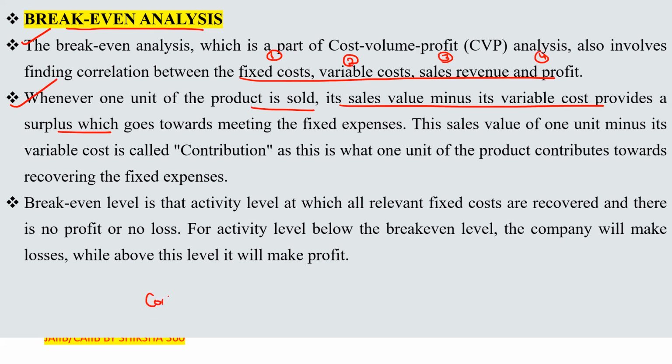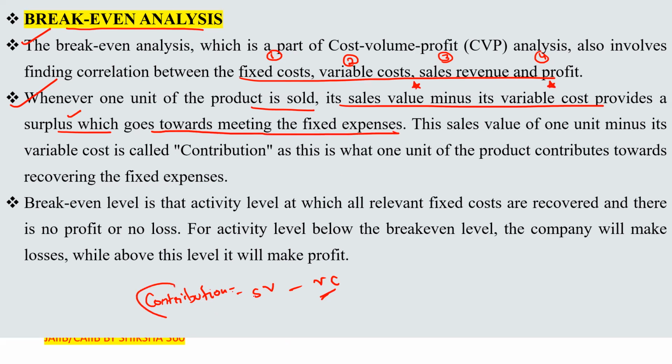That is the contribution, that is, sales value minus variable cost. Whenever one unit of the product is sold, its sales value minus its variable cost provides a surplus which goes towards meeting the fixed expenses.